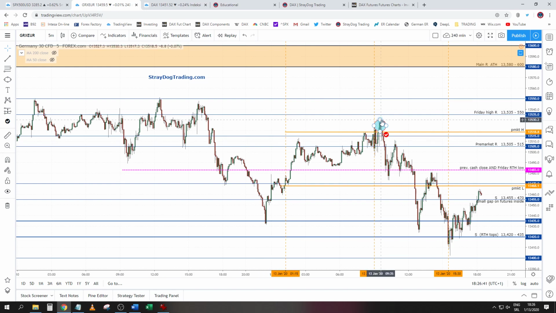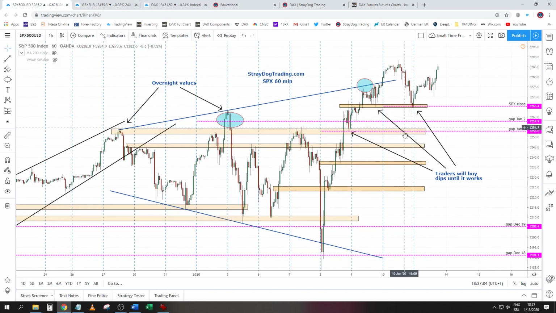Now we got the setup. This is a short. Stop goes here above these spikes. This is a doable trade with just a 15 or 20 point stop. And now you are calculating, okay, what kind of room do I have, because this environment is basically a buy the dip environment, and the DAX could go in sympathy with the S&P, which is a classic buy the dip environment, as we can observe here, and a stronger market.